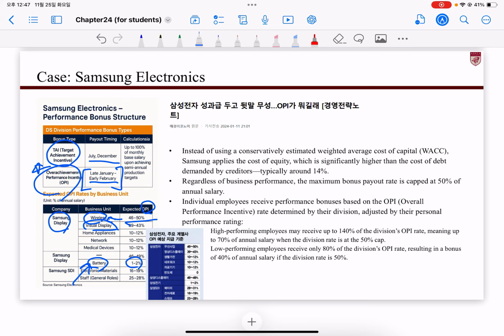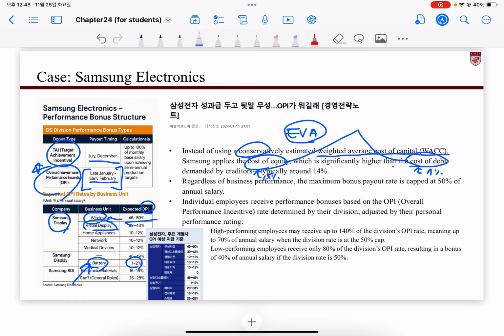And related to the EVA calculation, Samsung takes a more conservative approach by saying, hey, we are going to apply only cost of equity, but not cost of debt. Why? Because cost of debt is usually lower than the cost of equity. So typically, if the cost of equity is like 15%, cost of debt would be like 7%.